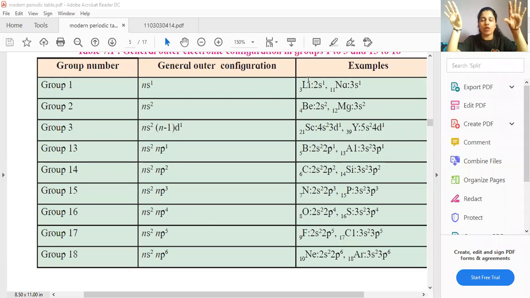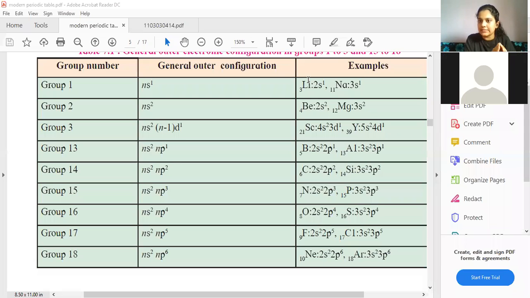When I explained that the table is divided into 4 blocks, SPDF, it actually means the subshells. So the last electron of lithium goes where? In the s subshell. It means that lithium is part of the S block. And how many electrons are there? s1. So it means it is in the first group.